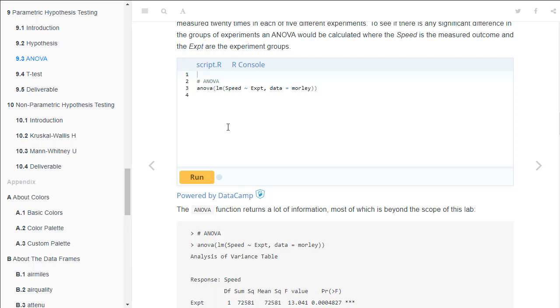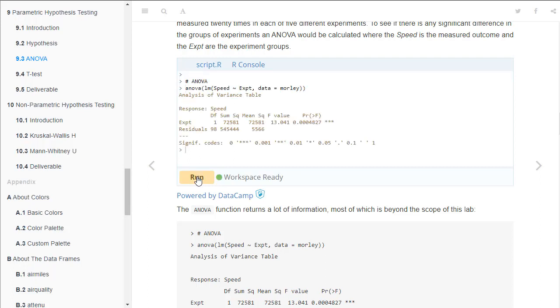You can see that the command for ANOVA is fairly simple. When I run this, R will give us back a lot of information. The most important thing, about the only thing we want, is the p-value. Now, I discussed p-value in an earlier lab, but you can see here that the p-value is less than 0.05, so this is significant.